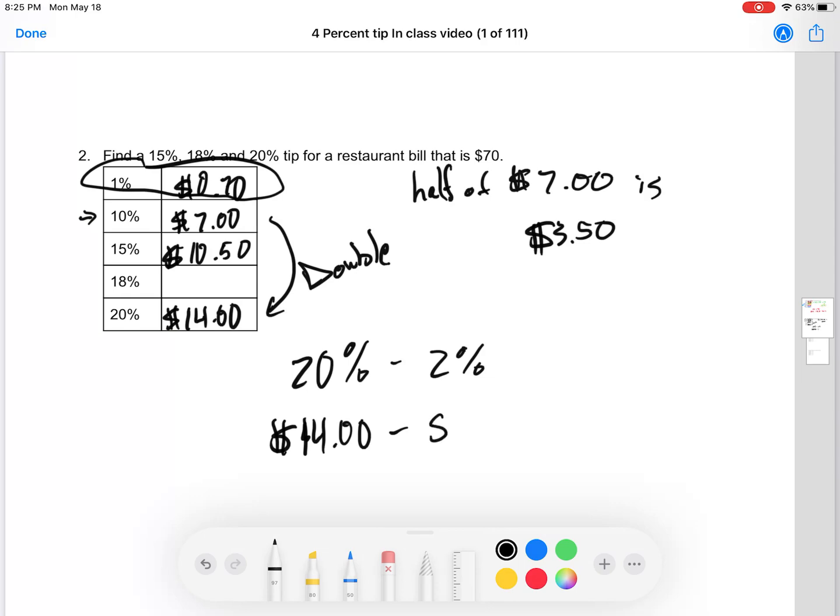That's going to be $1.40. So now I'm going to subtract $1.40 from 14, and I'm going to get, whoops, didn't give myself a lot of room, $12.60. Okay? So a slightly different way to do that.